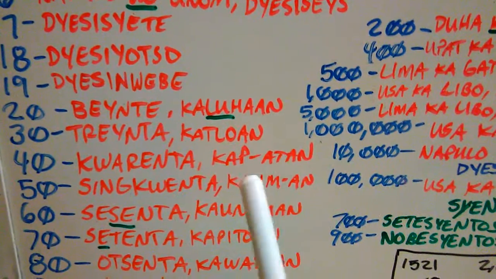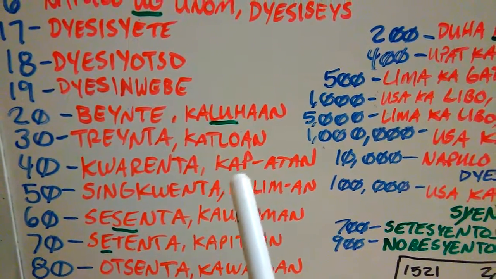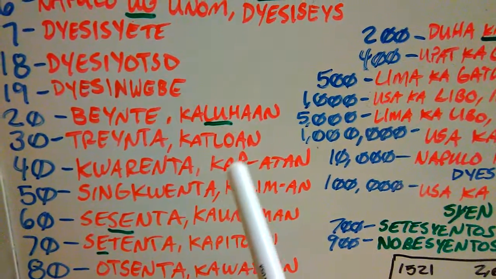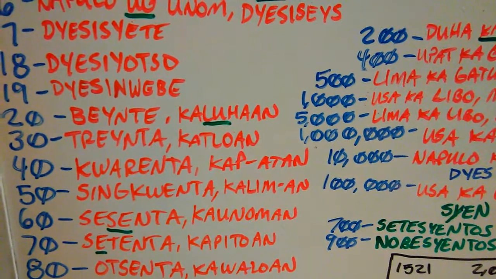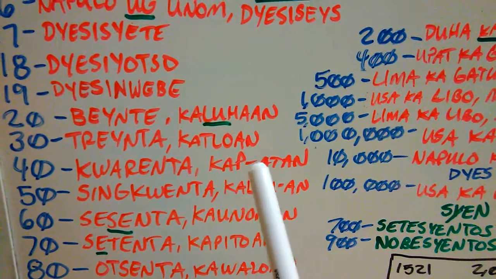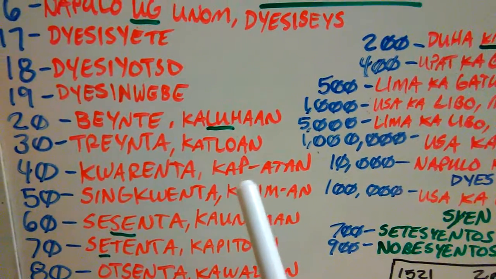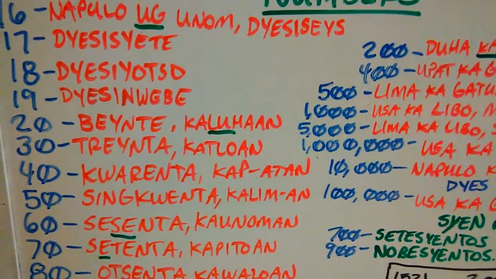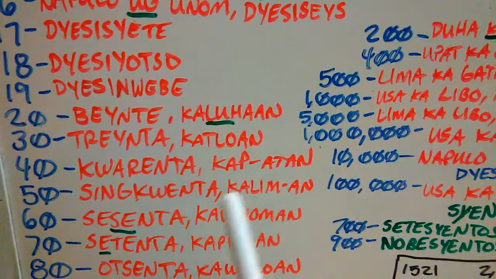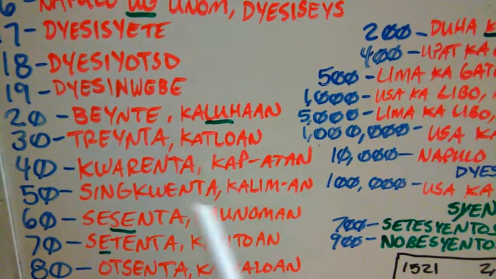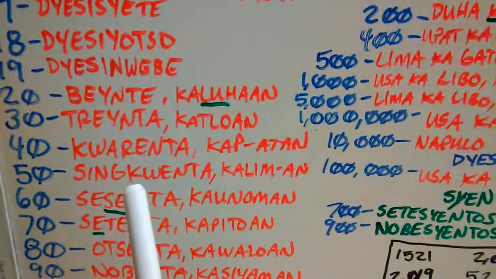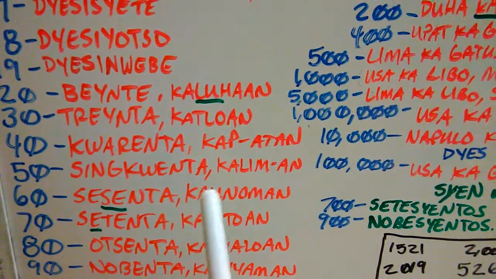40: like with katloan, we have upat as the root word. But when we conjugate it with the circumfix, we don't want too many syllables, so we have kapatan. Remember the hyphen gives that internal pause, so kapatan. Upat is the root word, but when we conjugate it, we get kapatan. 50 is 50 for the Hispanic.